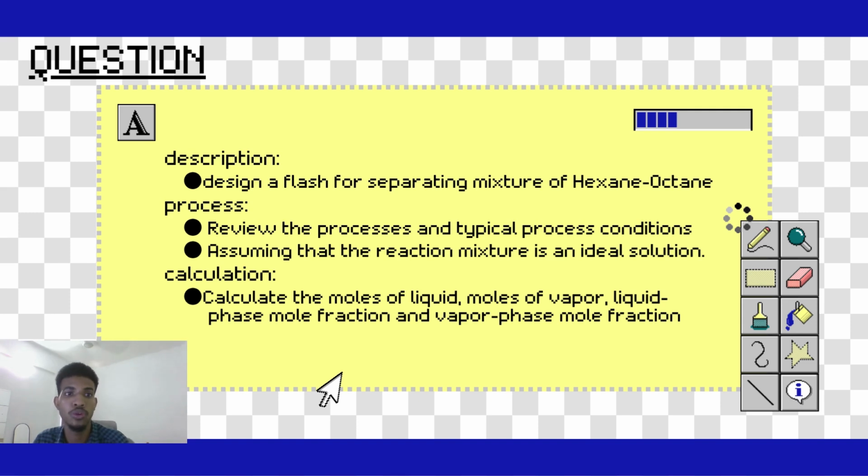We will do all this while assuming that the mixture is an ideal solution. Our outcomes: we need to calculate the moles of vapor, moles of liquid, the liquid phase mole fraction, and the vapor phase mole fraction.